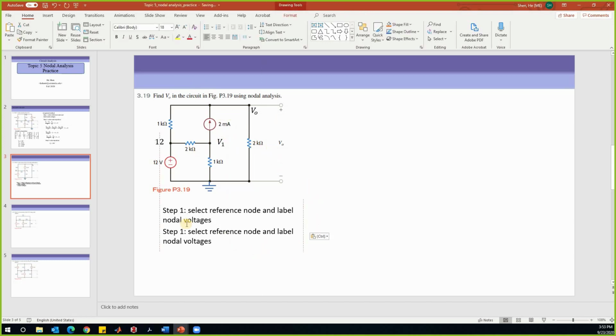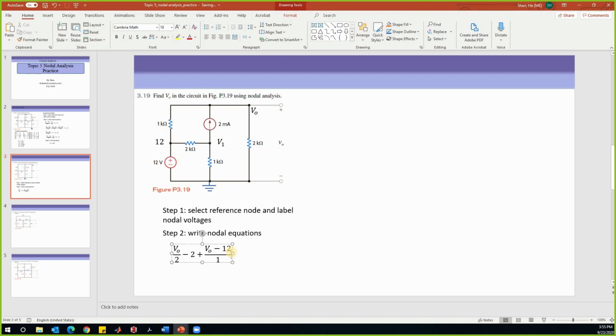The second step is to write the nodal equations. Looking at VO, there are 3 branches connected to it. The current leaving VO from this branch is (VO minus 0) divided by 2. The current leaving in this branch is -2. The current leaving in this branch is (VO minus 12) divided by 1.